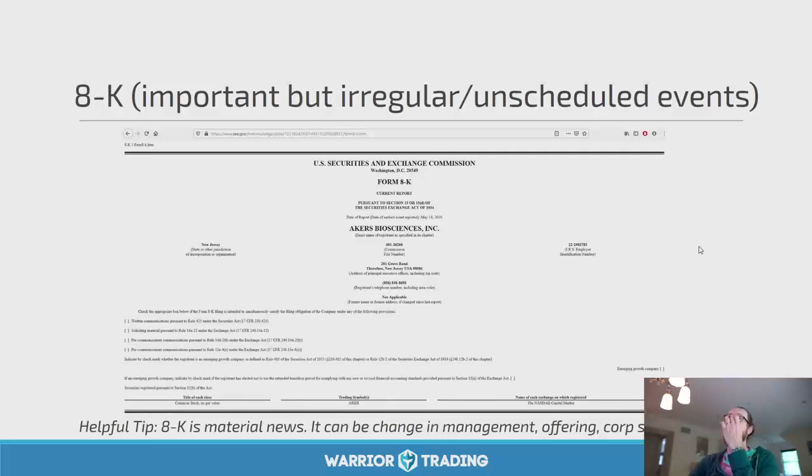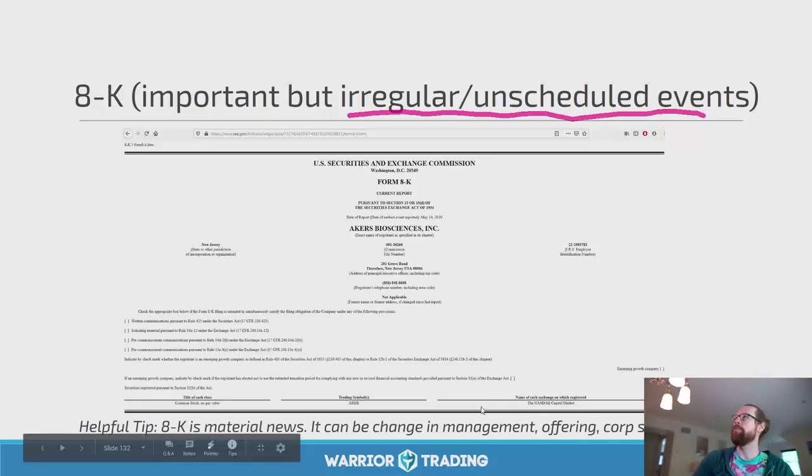8K filings are important, but they're informing us of irregular, unscheduled events. Typically these types of things would be announced as part of their traditional schedule of releasing information as part of earnings and things like that.